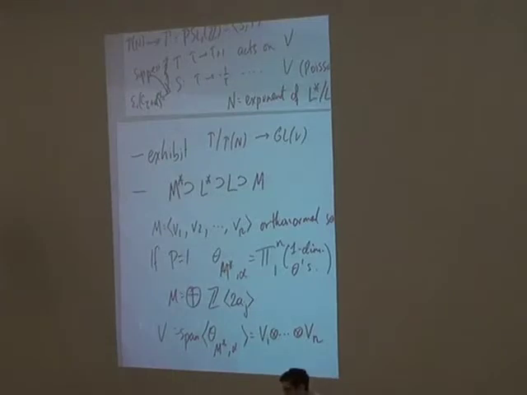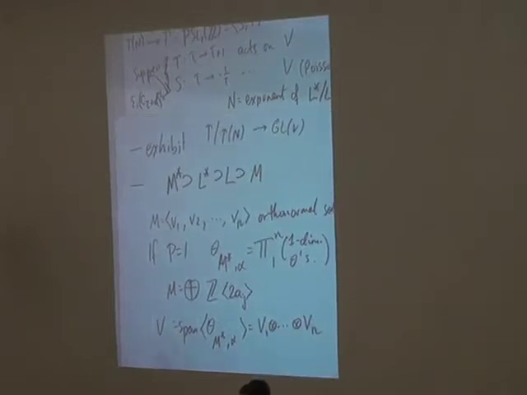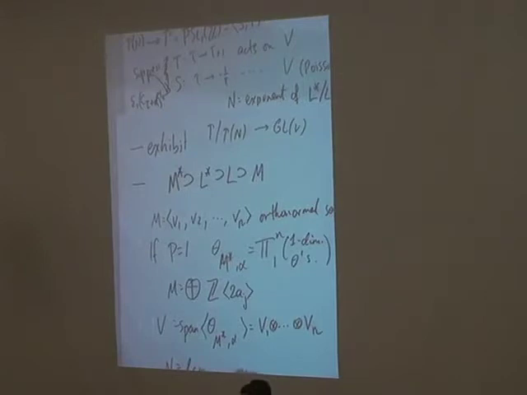What I've lost in this is that my n might be a lot bigger. It still has to contain the exponent of L star mod L, but I've probably lost quite a bit by going to a box sublattice. However, I can gain most of it back by saying that in this case n is going to be the LCM of 2a1 up to 2an, but anytime I find an orthonormal set, I can play the same game, and so if it's modular for each one of these congruence groups, it's also modular for the GCD of all the n's that I can get that way, and that almost gives the correct n.